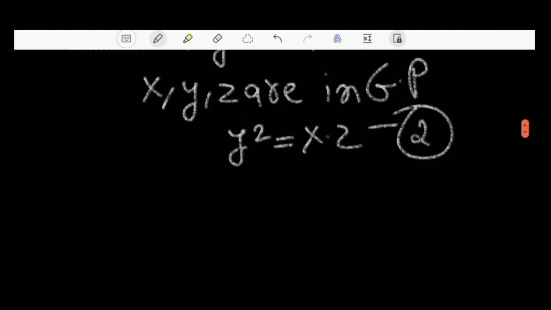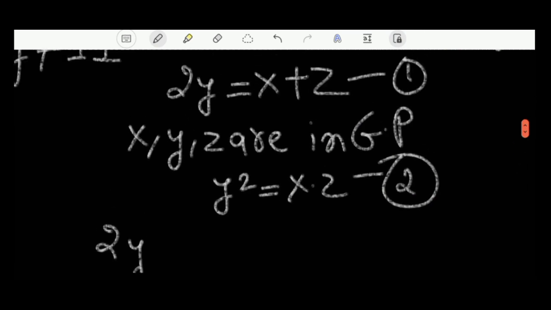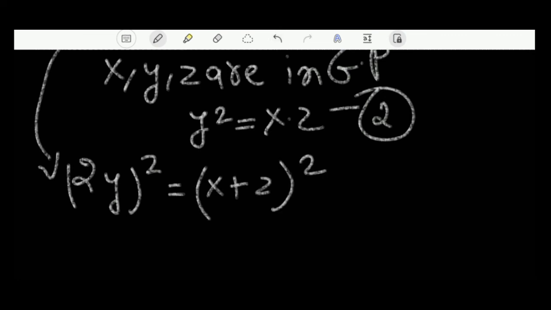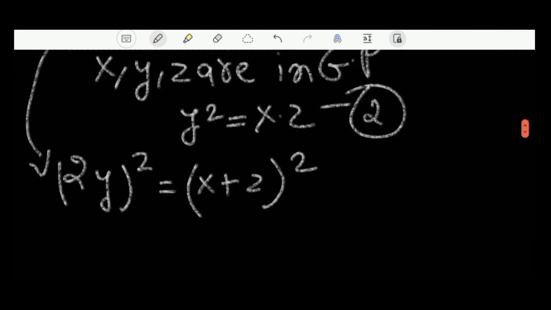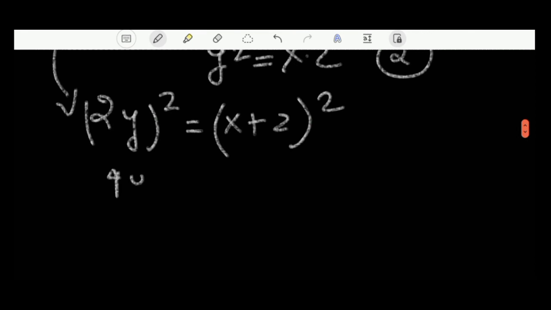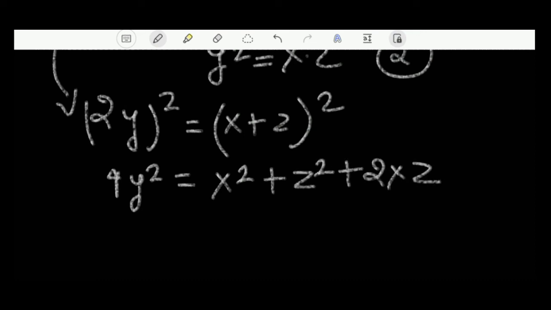First, if you take the first equation and square both sides, we get 4y square on the left hand side, and we can expand the a plus b whole square formula for x plus z.